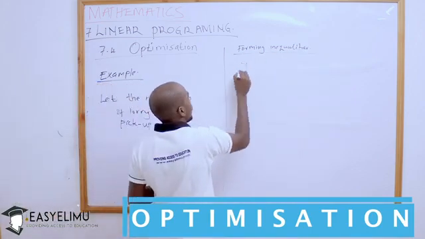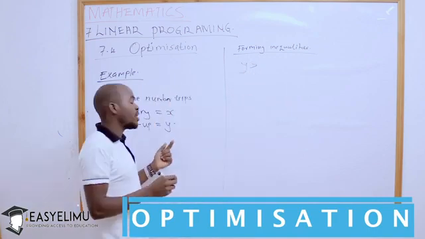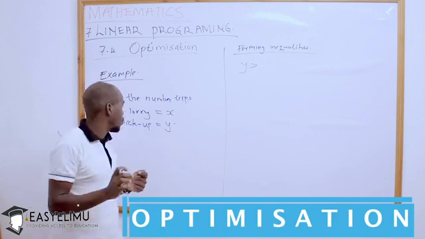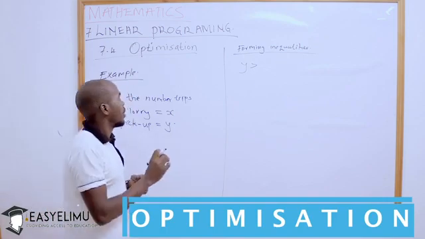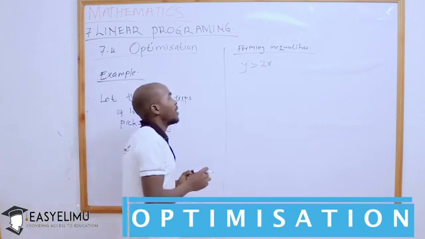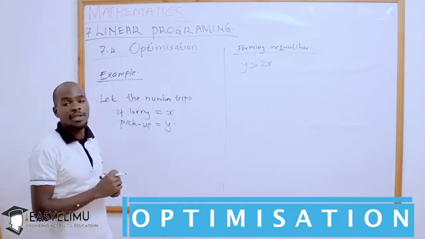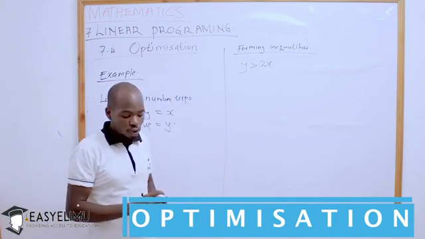We have been told the pickup has to make more than twice the trips of the lorry. If the lorry is x, then the pickup has to make more than twice as many, meaning that y is greater than 2x.